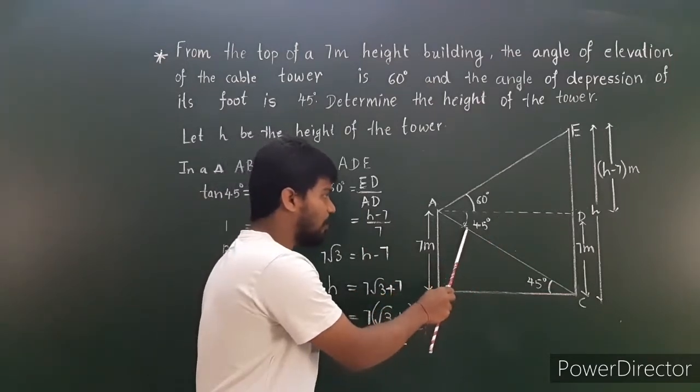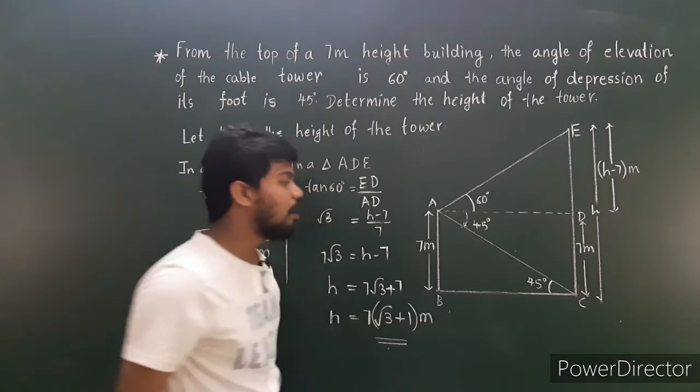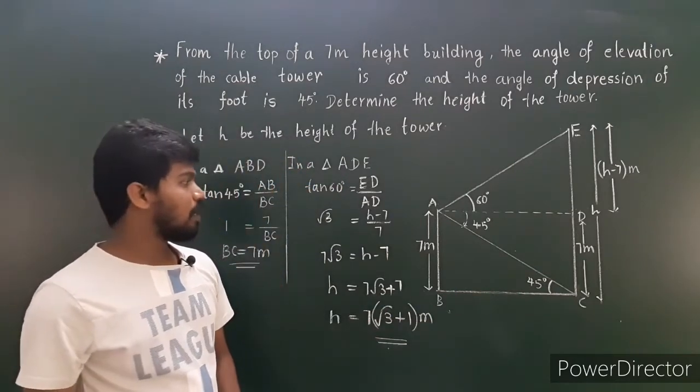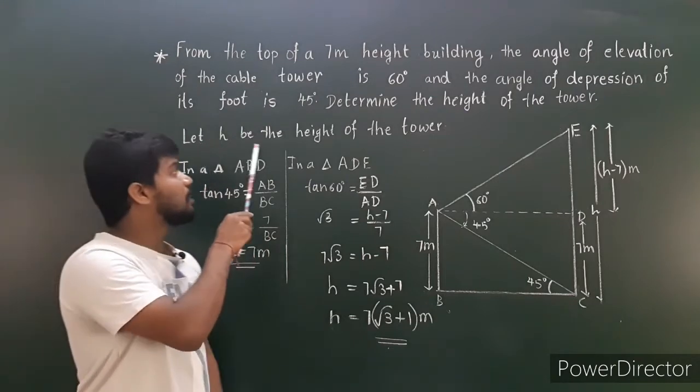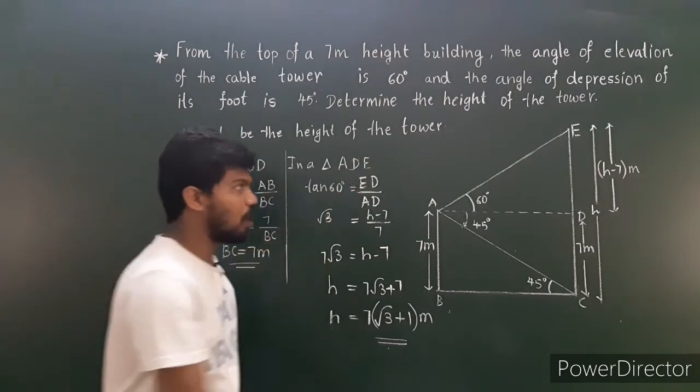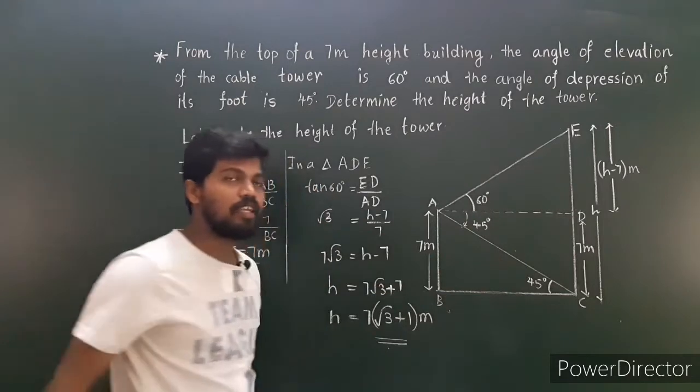Therefore, this one is 45 degrees means these are also 45 degrees. So now let's go through the answer. Let H be the height of the tower. You have already taken H as the height of the tower.